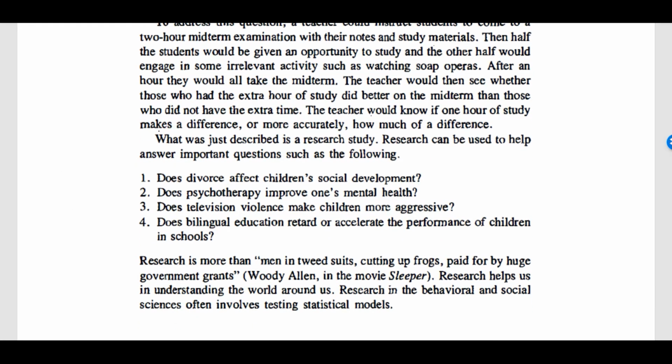Research is more than, quote, men in tweed suits cutting up frogs paid for by huge government grants, according to Woody Allen in the movie Sleeper. Research helps us in understanding the world around us. Research in the behavioral and social sciences often involves testing statistical models.